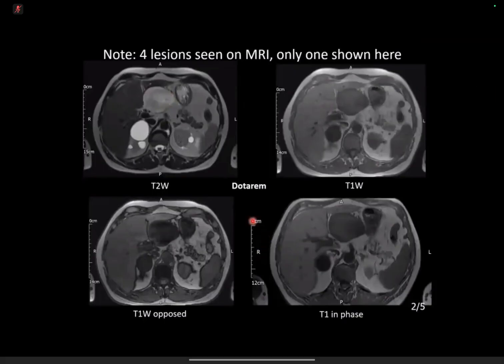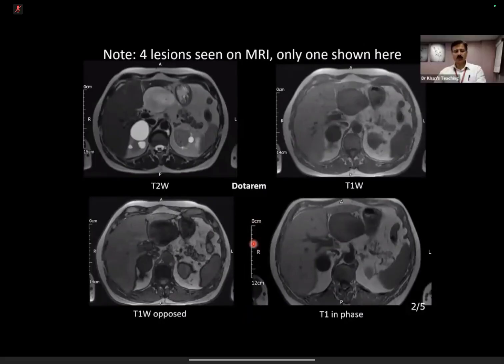Okay, so the lesion is T2 hyperintense compared to the rest of the liver, and T1 hypointense, while on in and out of phase, it loses its intensity. So there is some signal loss, intralesional patchy signal loss within the lesion. So you think it's fatty, right? Okay, good.